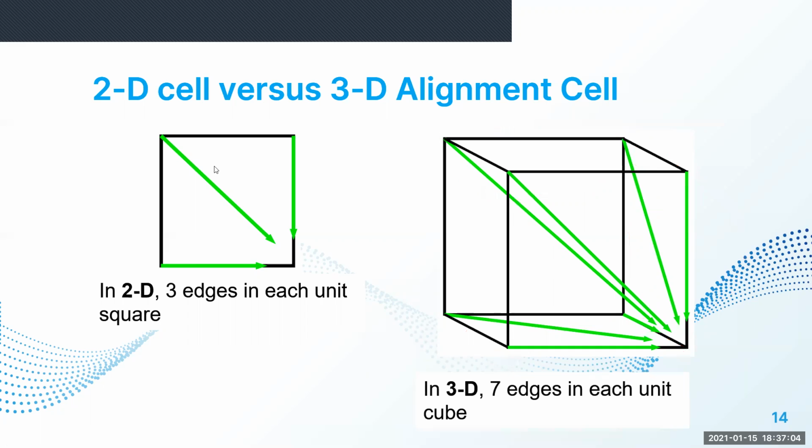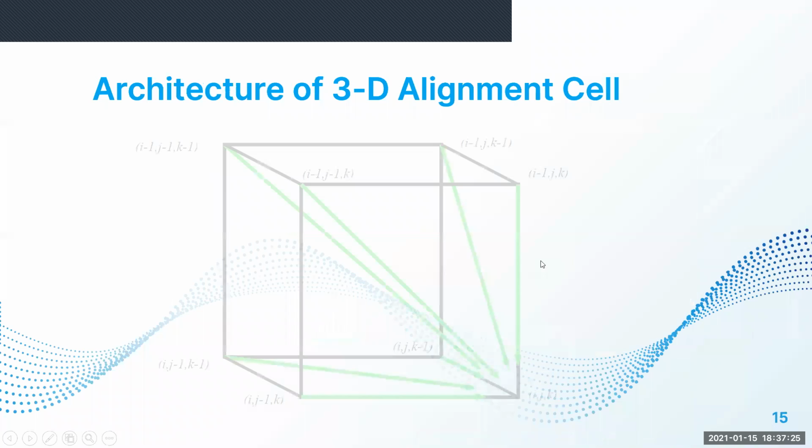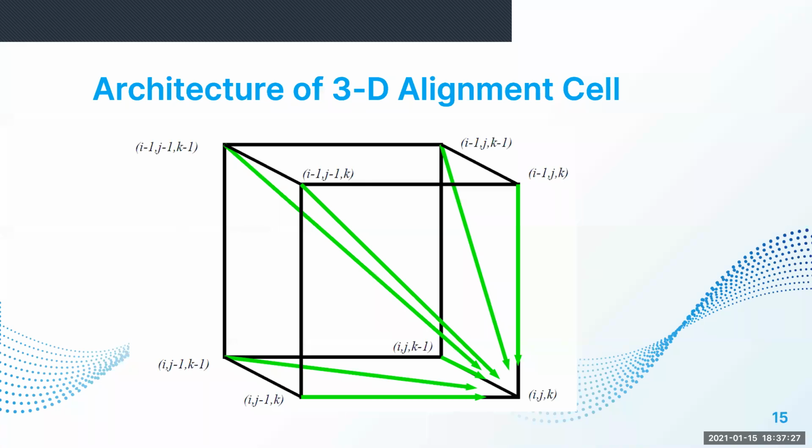In the 2D plane, we have only 3 options to reach one unit, but in 3D, if you align 3 sequences, you have 7 edges, seven options basically. These are not one line; these are some sort of a plane. I'll show you those things later. So the architecture will be like this, if this coordinate is ijk.